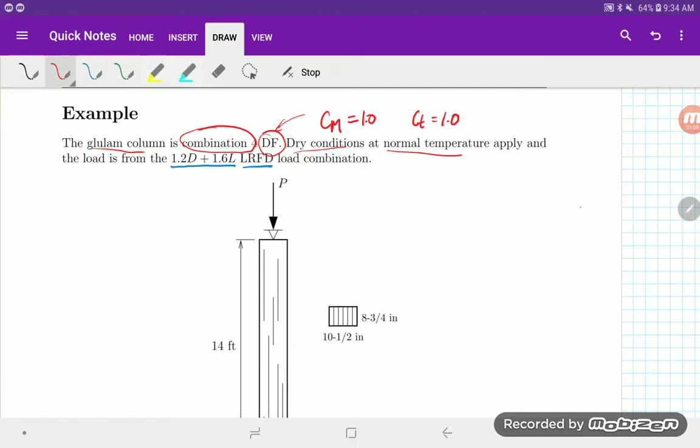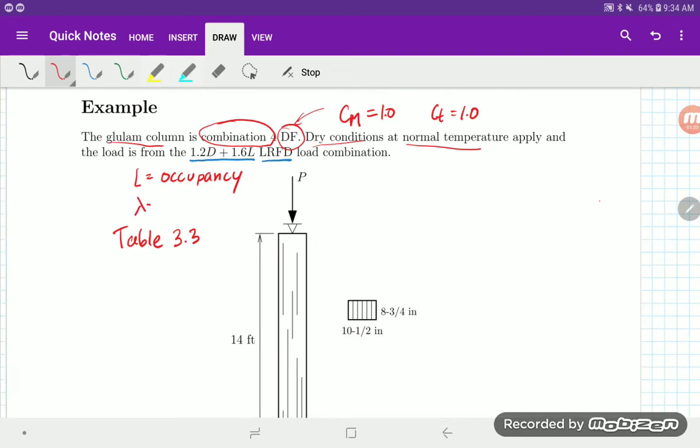L is for occupancy, so that gives us information about what C sub D to use for our design. The other thing, it's LRFD, and if you go to table 3.3 of the NDS, the main book, you'll see that lambda is 0.8. So those are the main factors that we need here for our design.